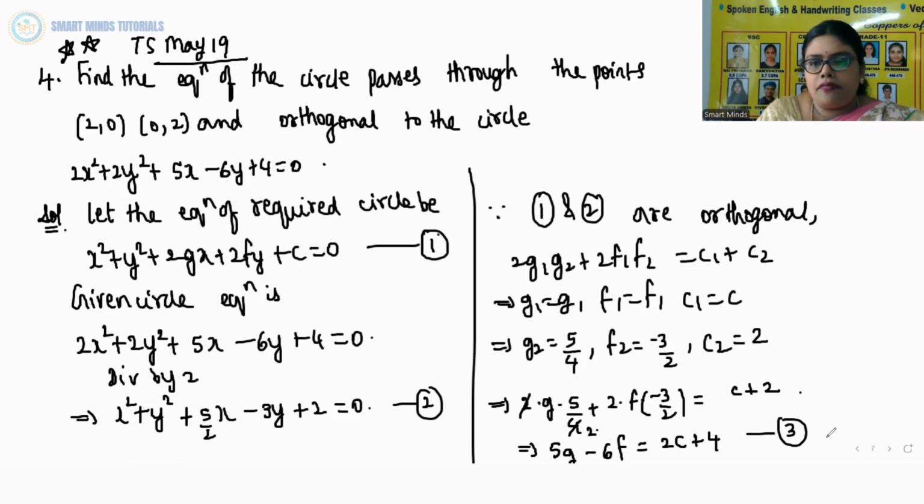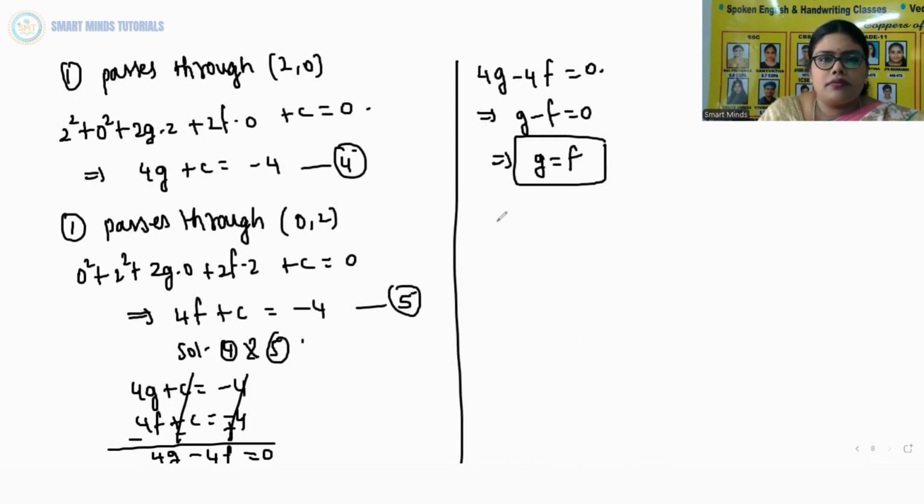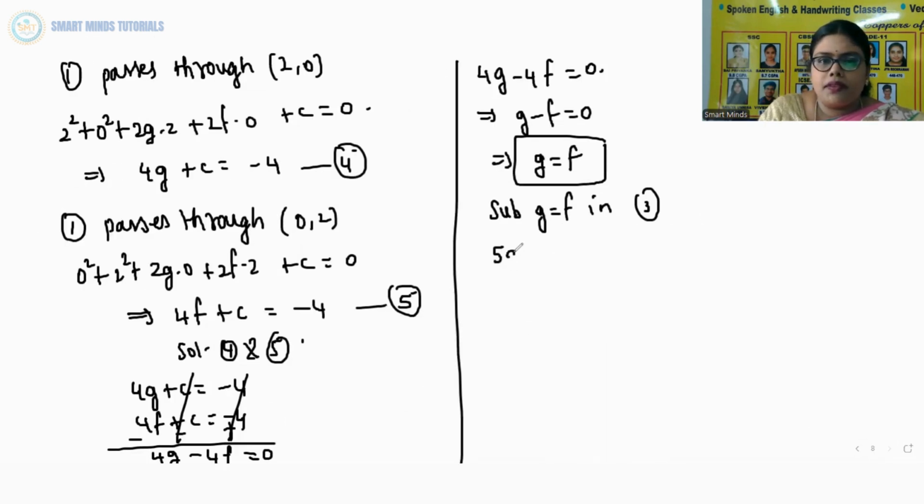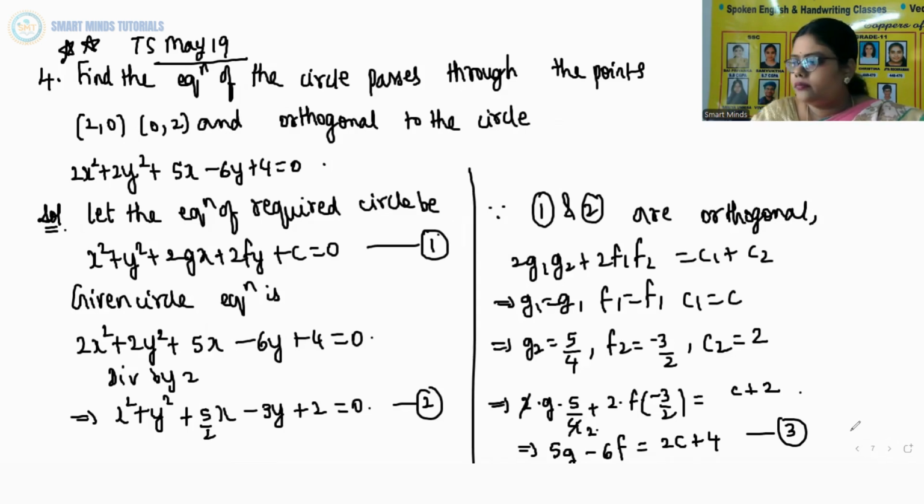Now we need to substitute g and f in the third equation. So substituting g is equal to f in the third equation, you will get 5g minus 6g is equal to 2c plus 4.